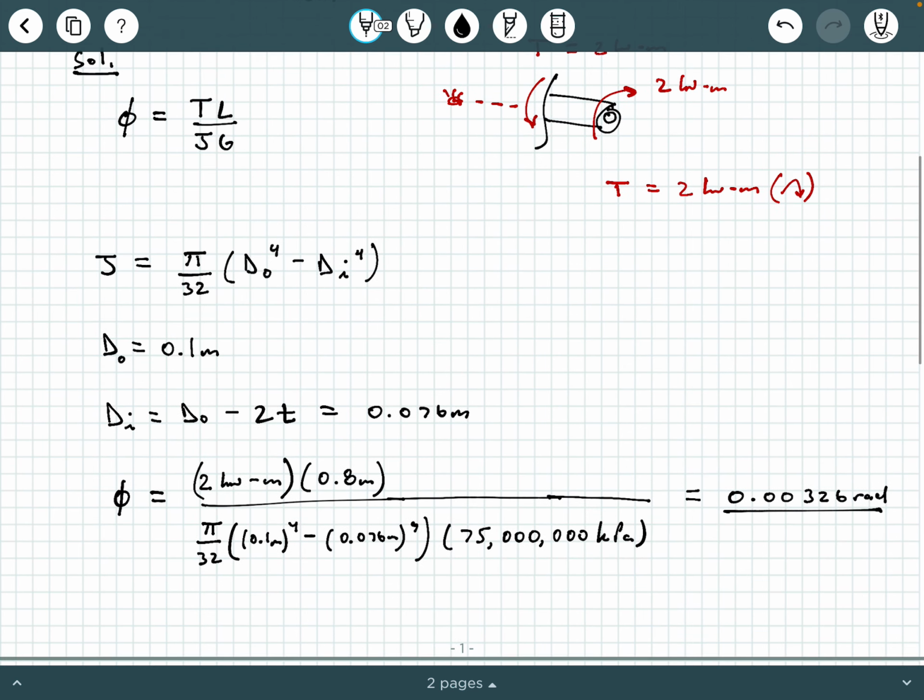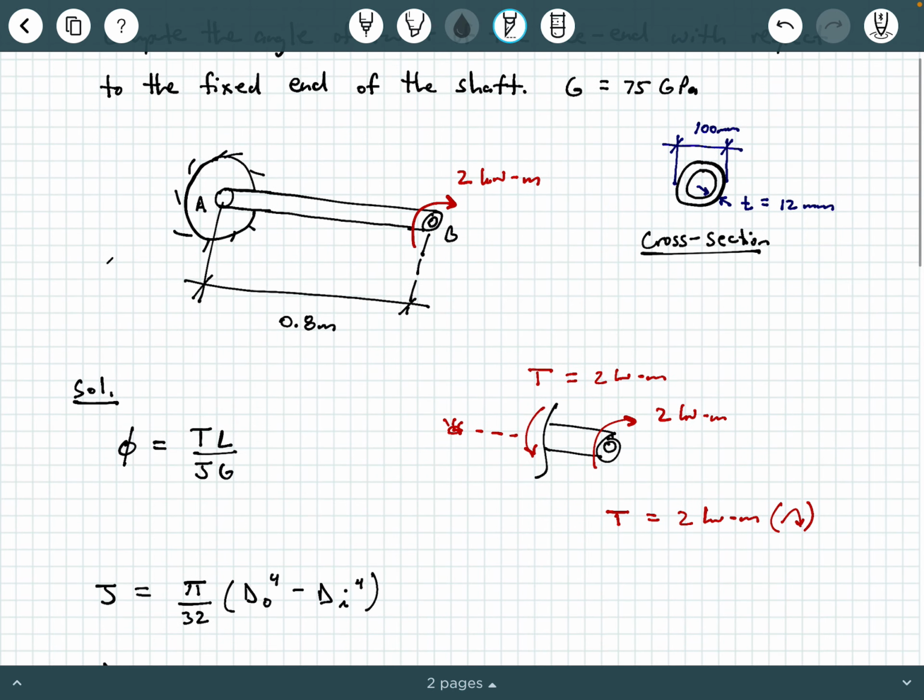Now, what direction is this going? This is going to be clockwise. How do I know it's clockwise? A couple of ways you can recognize that. Number one, the applied load is going clockwise if you put a viewpoint out here and look at it from this direction, so obviously it's going to twist in a clockwise fashion. The other way to think about it is from our free body diagram of the internal loading.